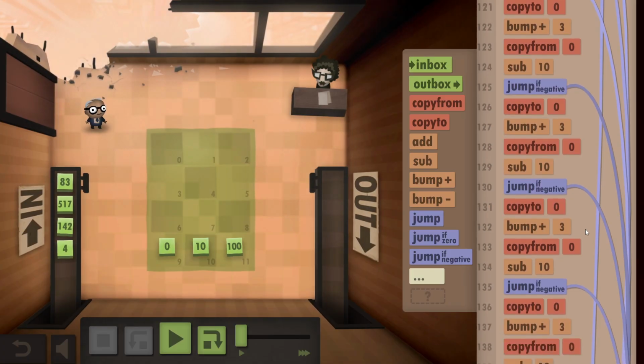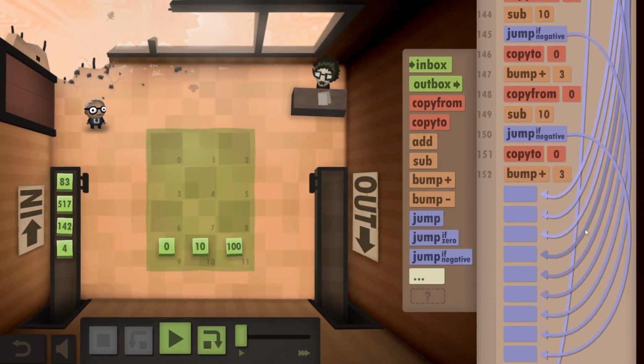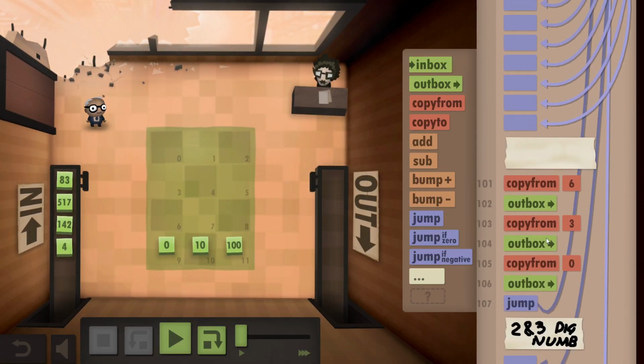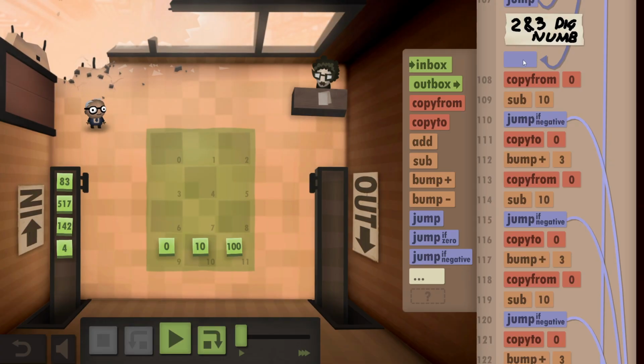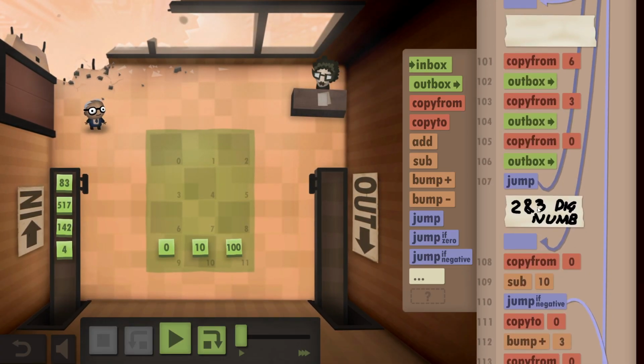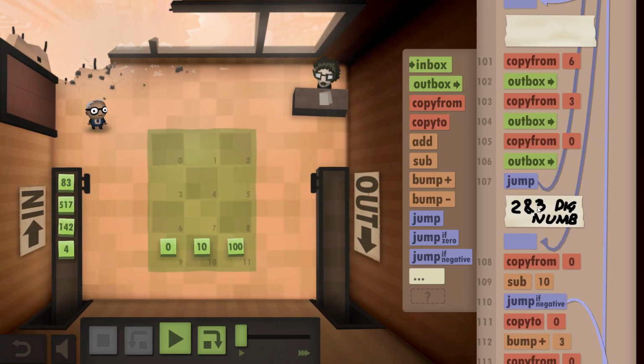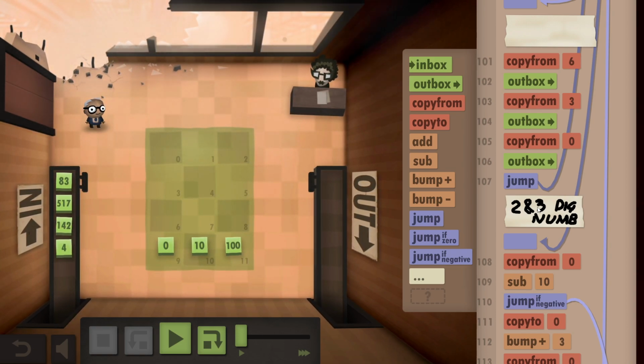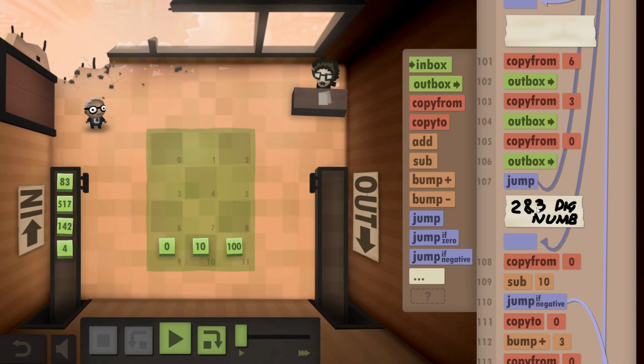I don't know, is it good? Should be. So what happens after that? We go to this. But now this is all jumped if the first one is 0. So we need to copy from 3. Outbox, copy from 0, outbox.